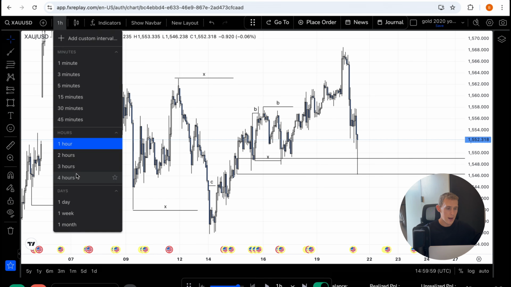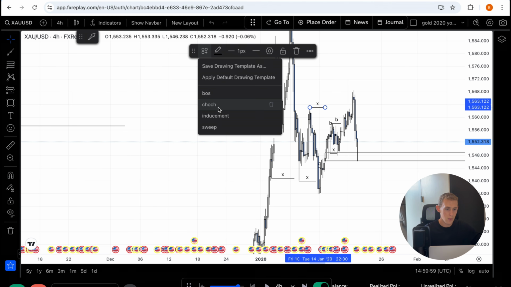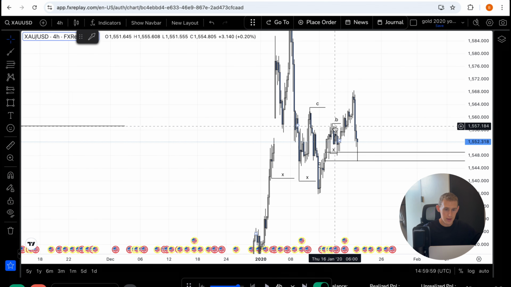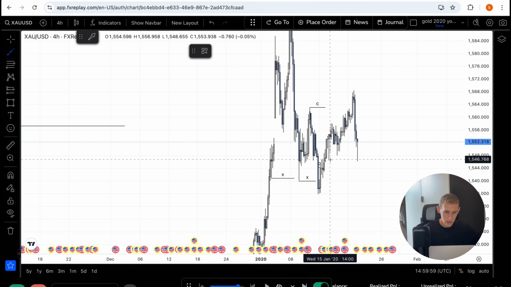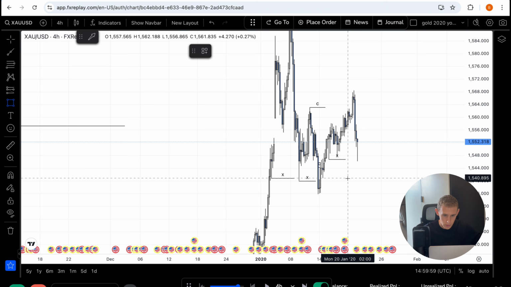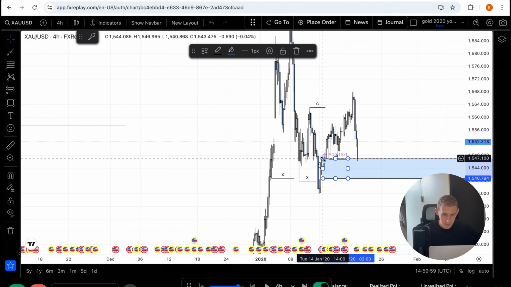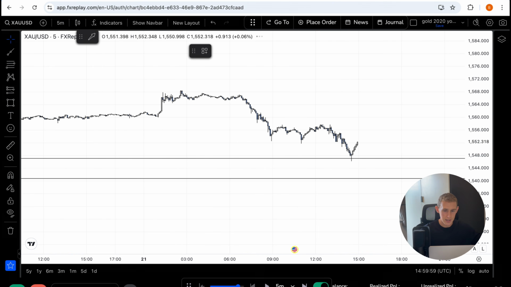Yeah, if we look on 4 hour, this is interesting. So we've seen, again, you could consider this a 4 hour change of character. If we get rid of these markings, you can see price has retraced into a discount, grabbed these previous lows that it reacted from, and it is also reacting to a 4 hour demand right here. Let's see how it reacts to this.